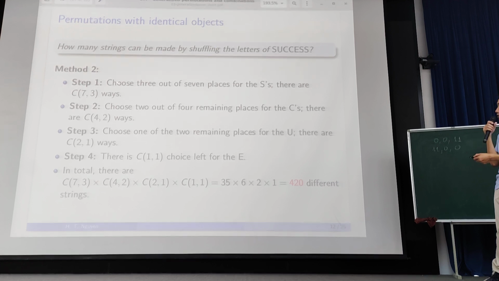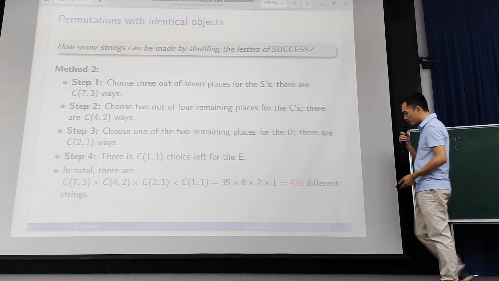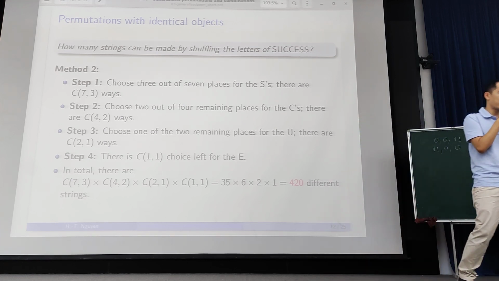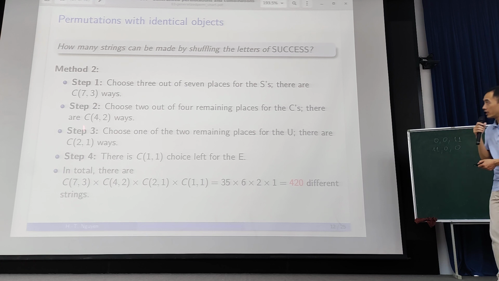Okay, so in the first step you have 7 choose 3 ways. Once you have fixed the 3 places for the letters S, there are 4 remaining places, and out of those 4 remaining places, you have to choose 2 places for the letters C. So you have 4 choose 2.